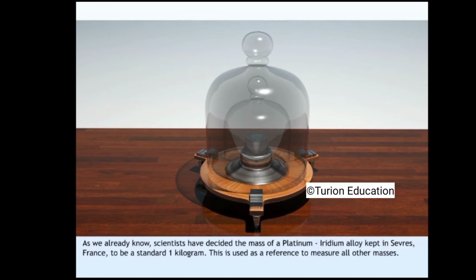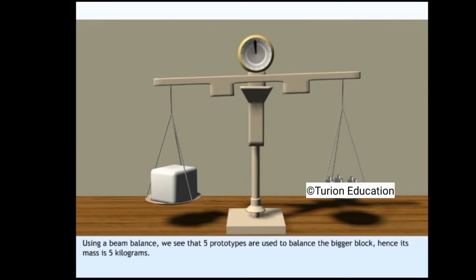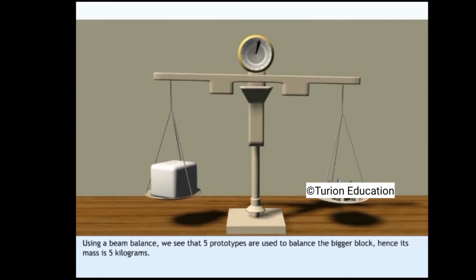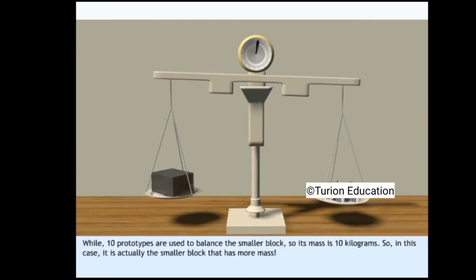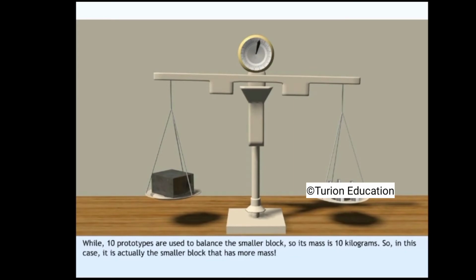This is used as a reference to measure all other masses. Using a beam balance, we see that 5 prototypes are used to balance the bigger block, hence its mass is 5 kilograms, while 10 prototypes are used to balance the smaller block, so its mass is 10 kilograms. So in this case, it is actually the smaller block that has more mass.